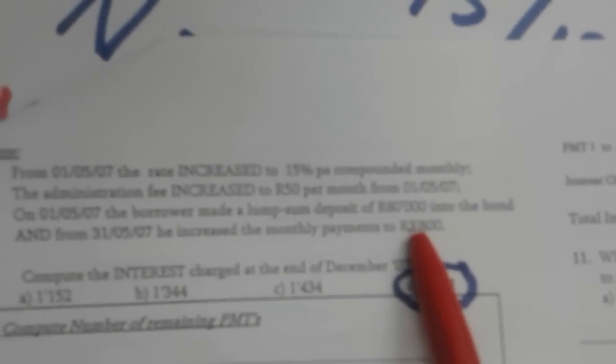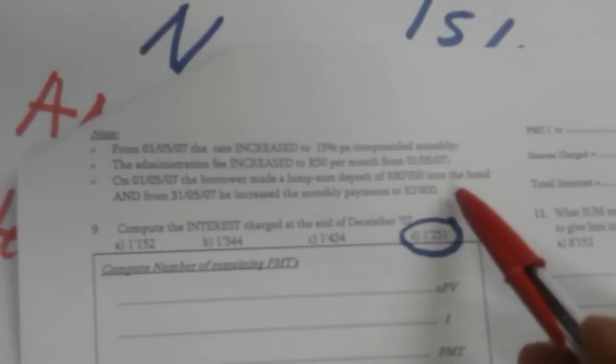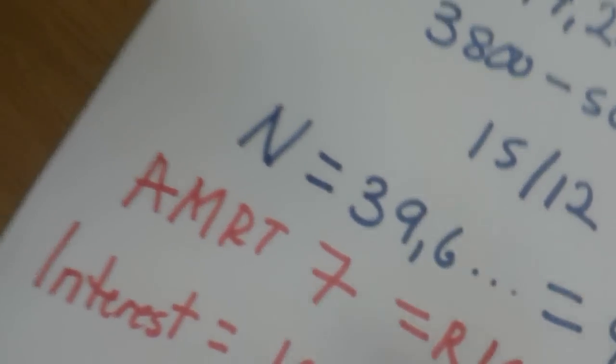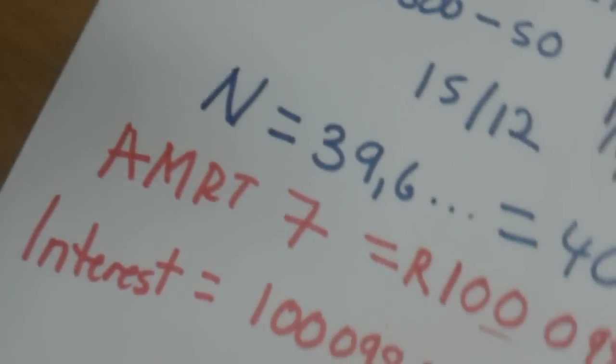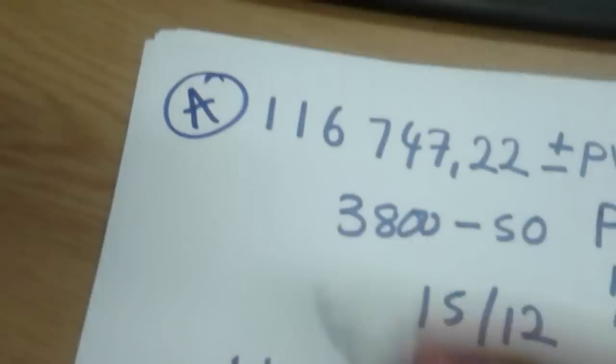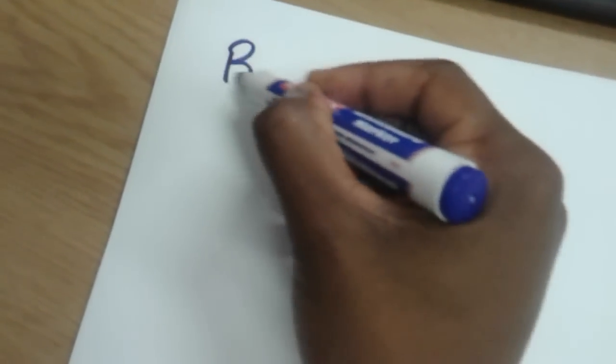And also the payments also changed. So let's assume that the payments were not given, the PMT. So I will now take this as scenario A. Now I'm going to look at scenario B.